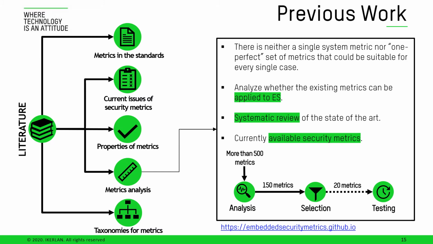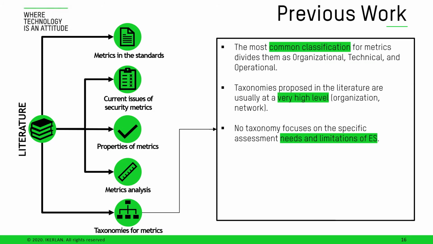And finally, we analyzed the literature to find the most common taxonomies that are usually used to classify security metrics. We found that the most common one divides them as follows: organizational security metrics that are used to describe and track how effectively organizational programs and processes achieve security goals; technical security metrics to describe and compare technical objects, for example, algorithms, specifications, and architectures; and finally, operational security metrics that are used to describe and manage the risk to an operational environment.